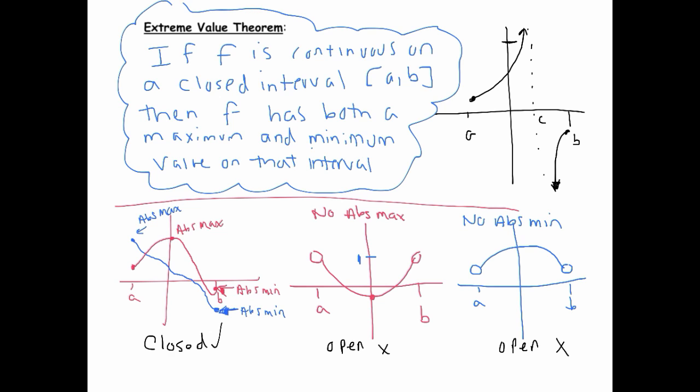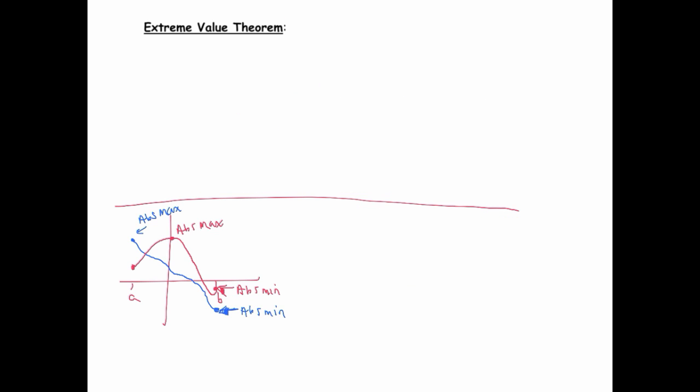So that's the extreme value theorem. Remember to make sure that your conditions apply, right? It has to be continuous on the closed interval. I guess those are the two conditions.